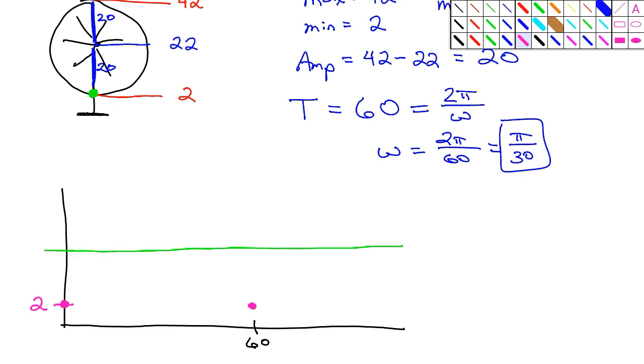Jim's car returns to the bottom because it makes 1 revolution every 60 seconds. Since the period is 60, I can figure out these intervals where the key points occur by taking 1/4 of 60 and getting 15 seconds. So let me go ahead and mark off every 15 seconds.